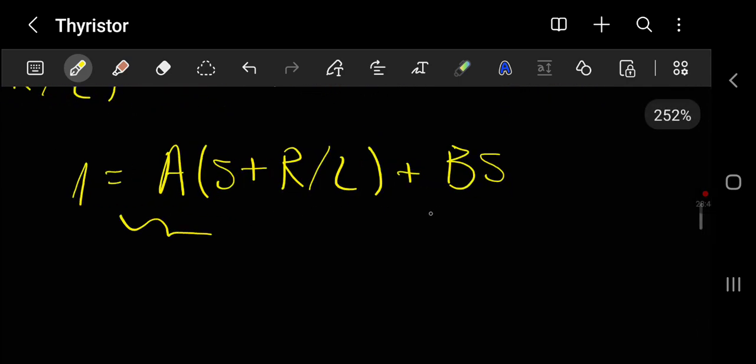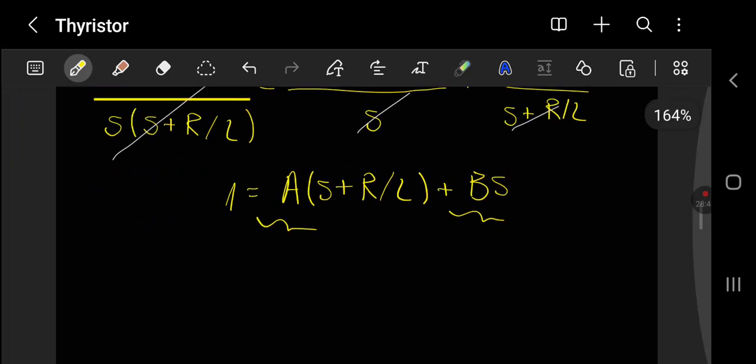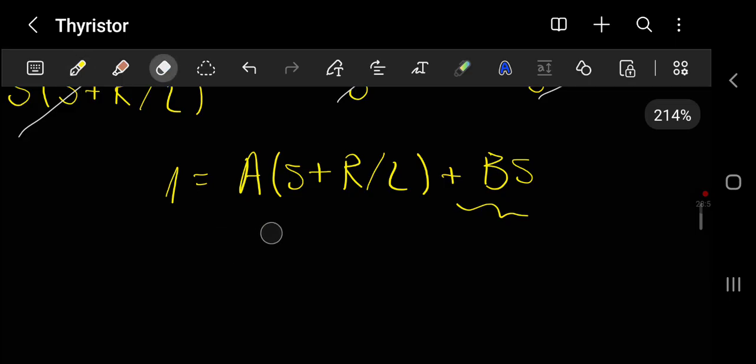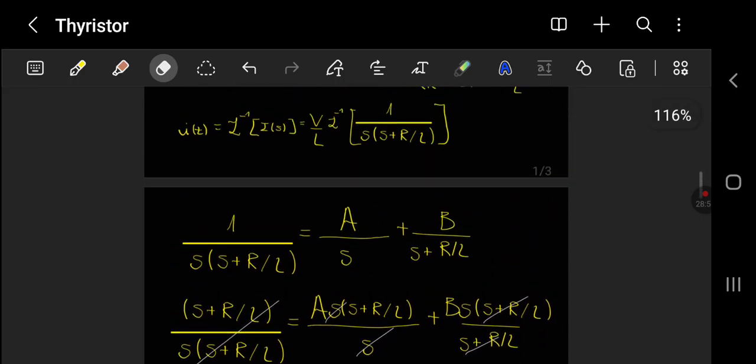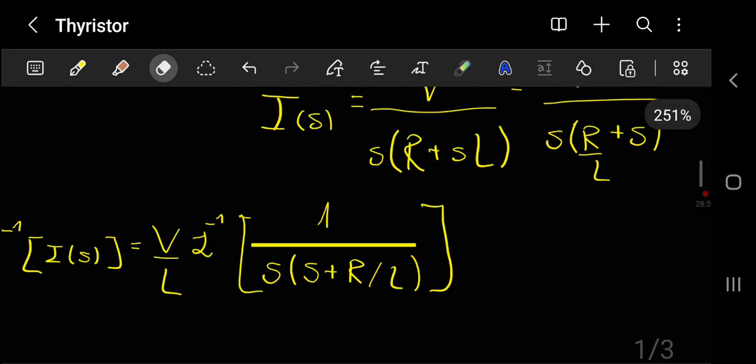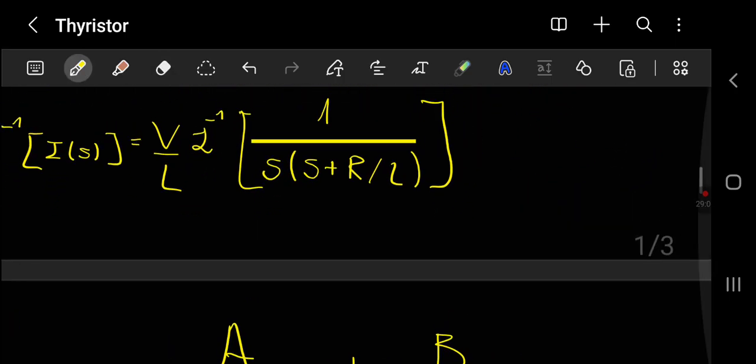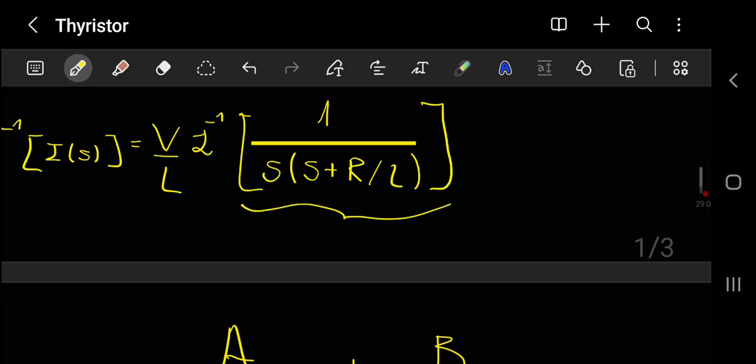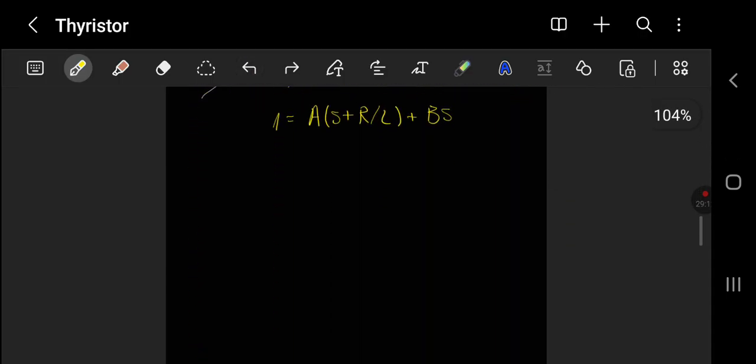Okay, and from here, as we now have these terms, we can write linear systems and find these terms and determine the way that we're going to obtain the inverse Laplace of this term.